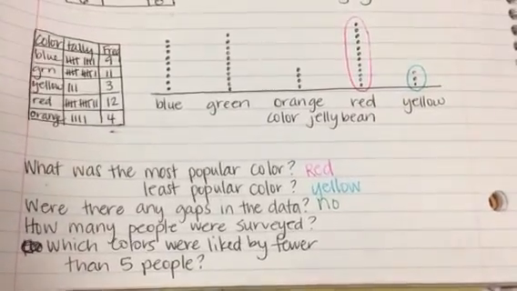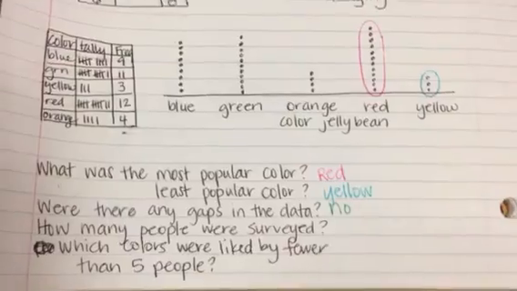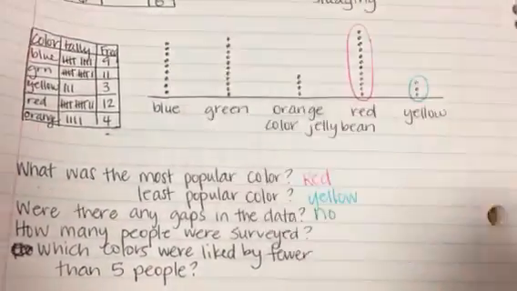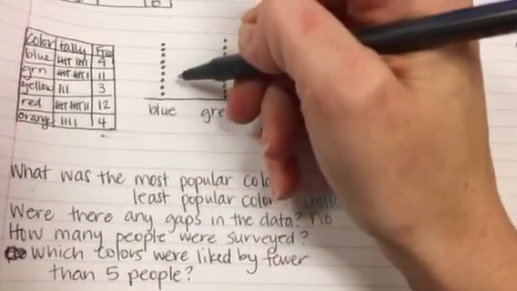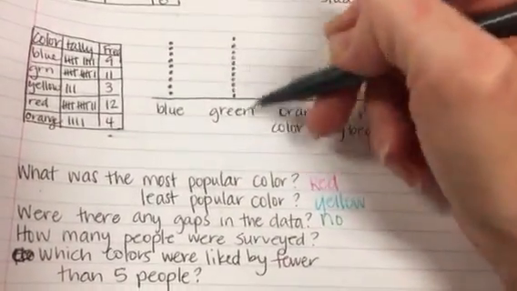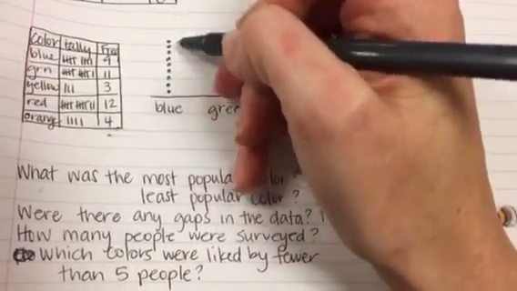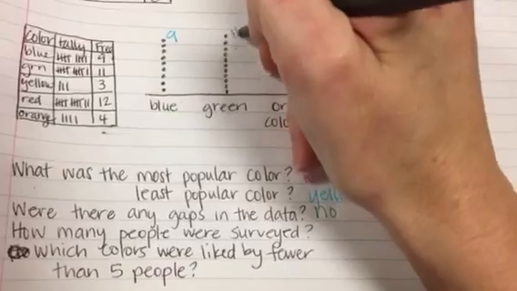The next question says, how many people were surveyed? If I want to know how many people were surveyed, then all I have to do is add up the number of dots or X's that I have on each of my categories of data. So for blue, I have 9. For green, I have 11.